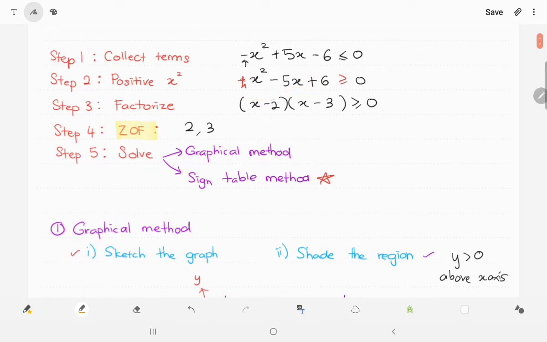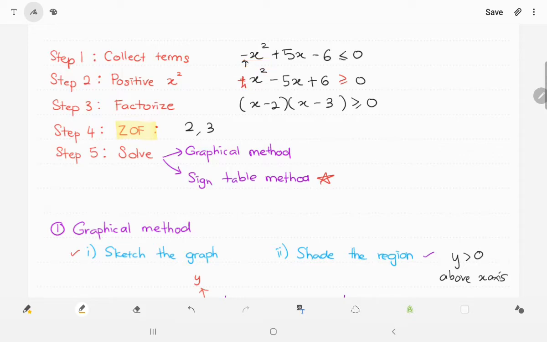Why didn't I take step 1? Because step 1 still contains a negative sign. In step 2 we already changed it to positive, which means we need to draw a positive, or smiley shape, quadratic graph, not a sad shape.